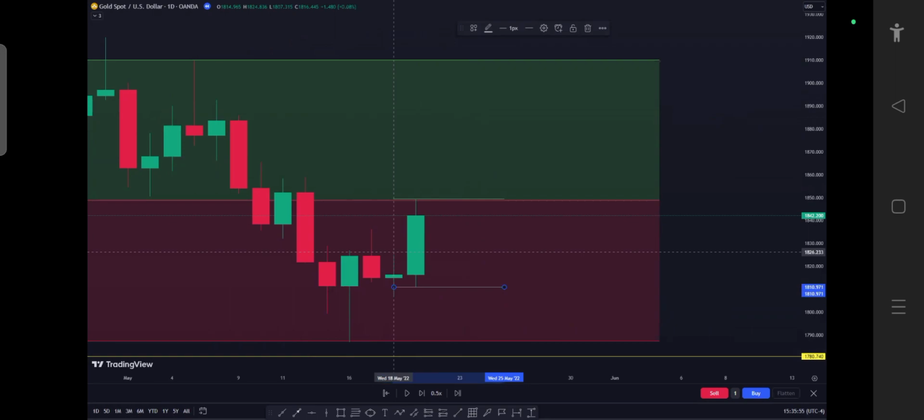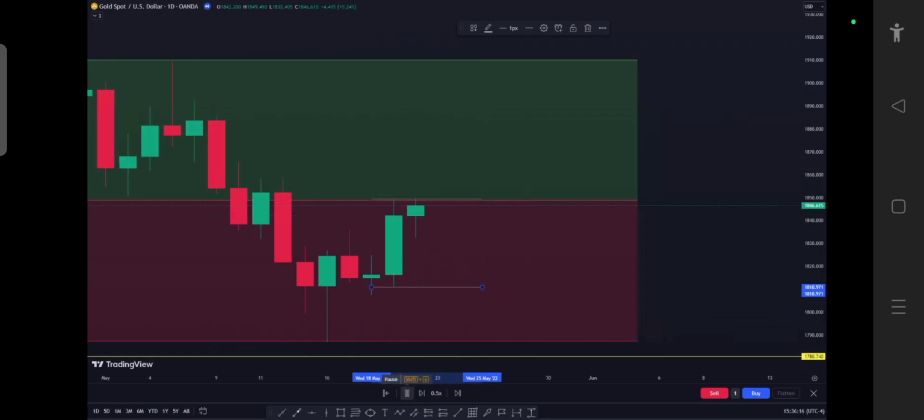Remember what I told you. This candle is violated on a closing basis. So this high we trade through will be violated. I mean, we want to see this high taken out and this candle's low supported.